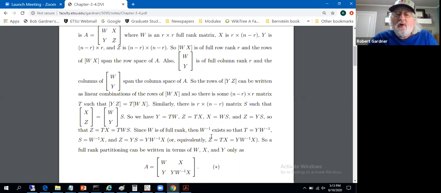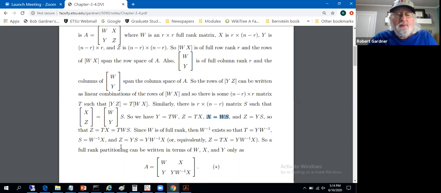So W is invertible. Full rank matrices have inverses. We recently observed that. So from this equation, Y equals T times W, multiply on the right by W inverse, and we'll get T equals Y W inverse. From this equation, we can multiply on the left by W inverse to get S equals W inverse X.